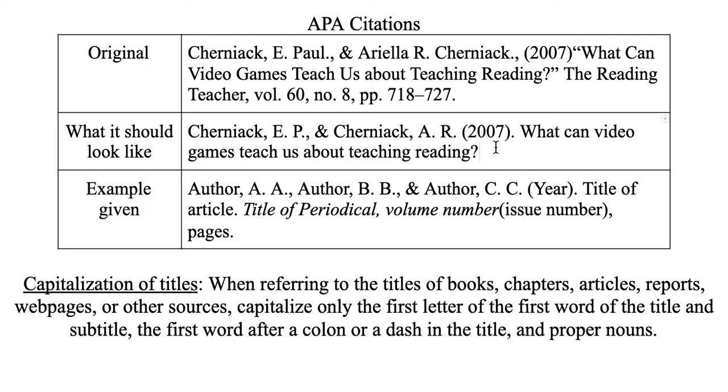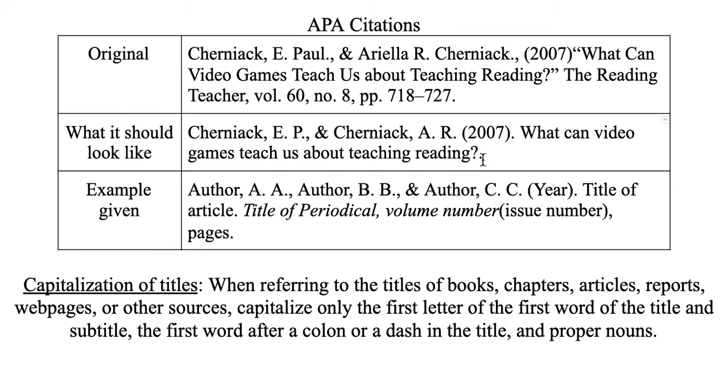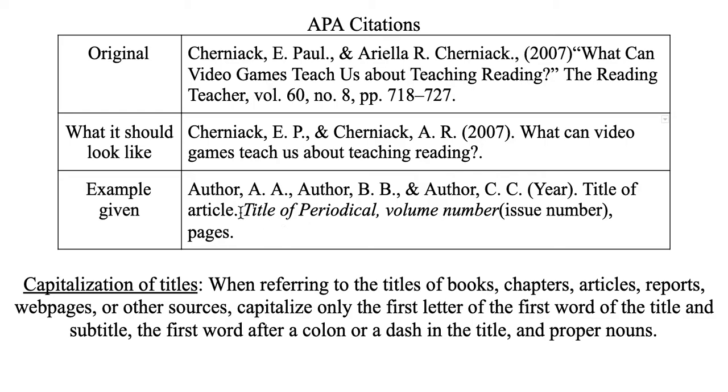All right, so I have my title, right? And I'm going to put a period after that, even though there is already punctuation there. I still have to put that period. Okay, so what's next? It says title of periodical. It looks like it would be this. Okay, title of periodical. Remember, there's a space.